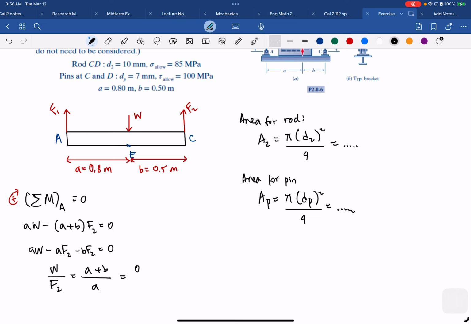In this case, this will be 0.8 plus 0.5 divided by 0.8, so 1.3 over 0.8.